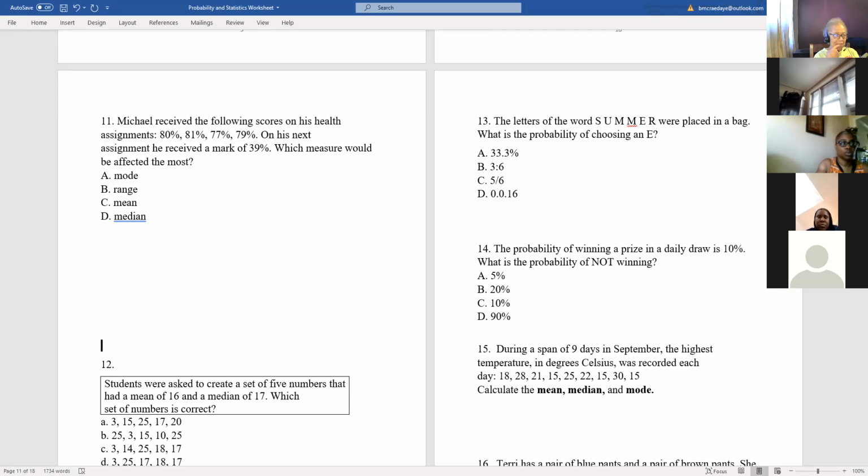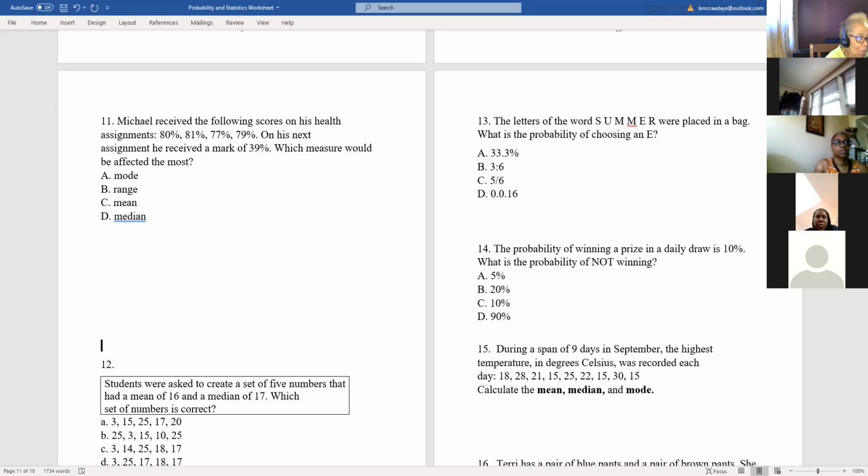What is the mode? Start with the mode. Is there a mode? Mode is something that appears the most.